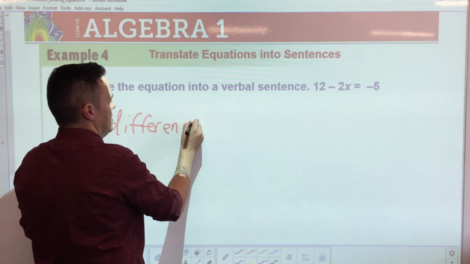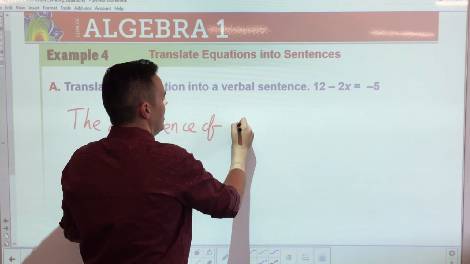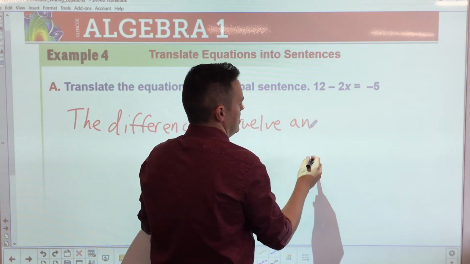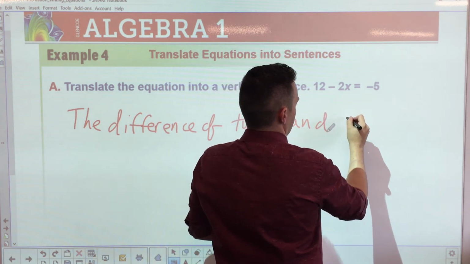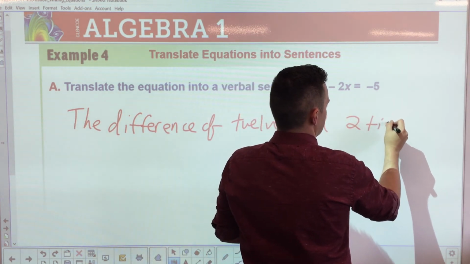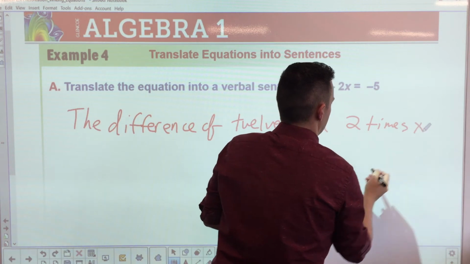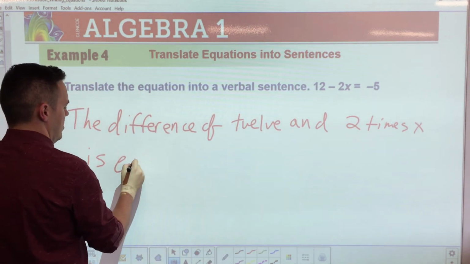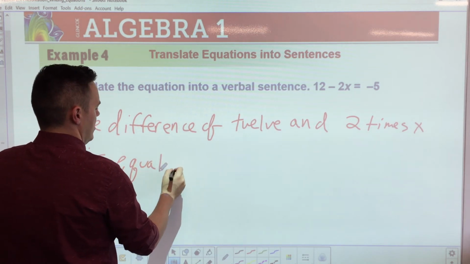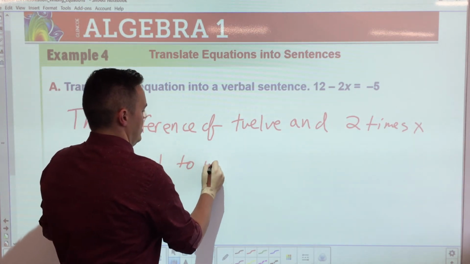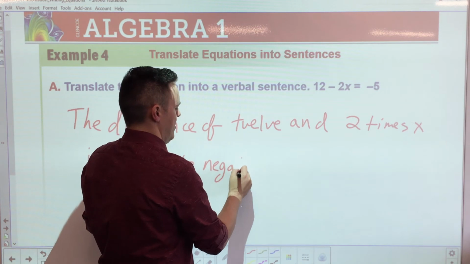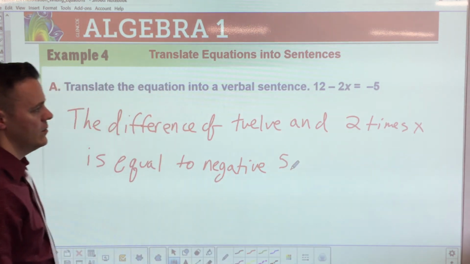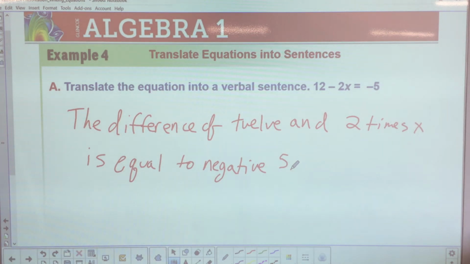Difference of 12 and 2 times x is equal to -5. There we go. That, ladies and gentlemen, is how I would write that.